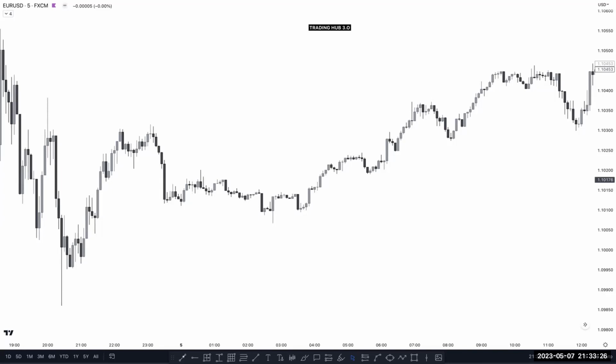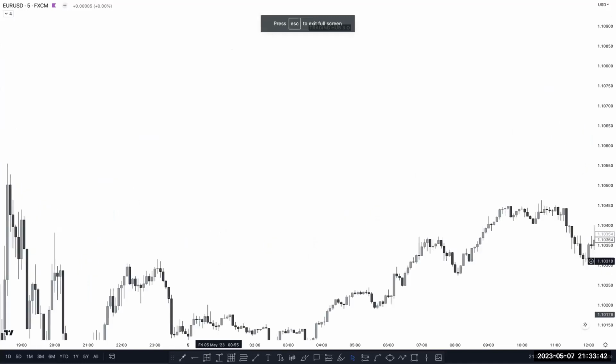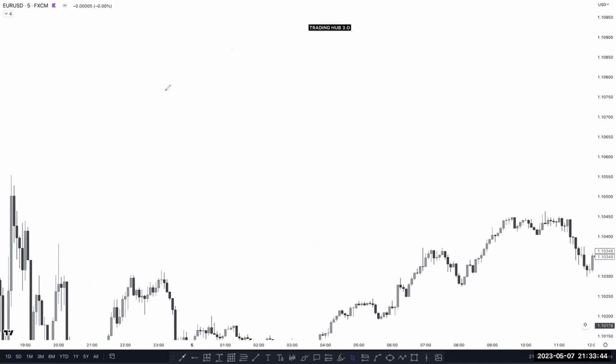Let me show you exactly what I'm trying to explain here. For example, this one is your decisional inducement, and this one is your decisional POI. Correct. What happened here? Market pushed upside and a candle closed above it, and then the market pushed downside.